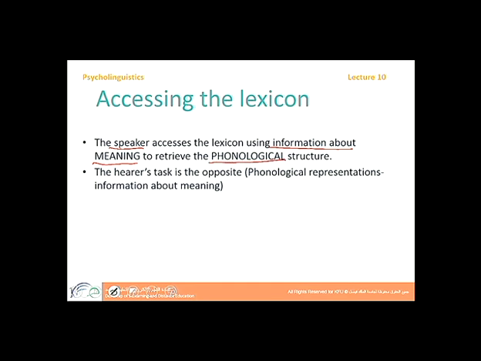If you remember from that diagram that I showed you, we start with the pre-verbal message. Then we have lexical access, we have syntax, then phonology. Now, in accessing the lexicon in perception, it's the other way around. We start with the phonological representations to get information about the meaning.